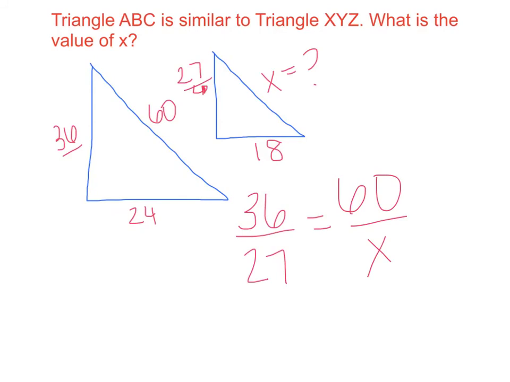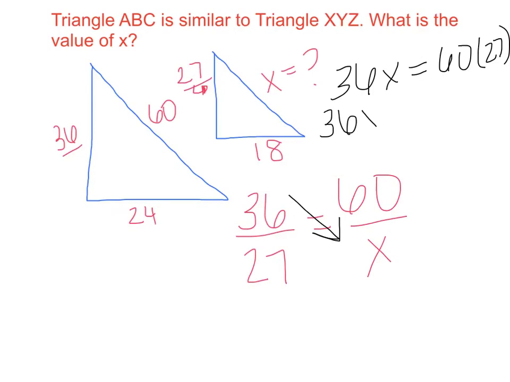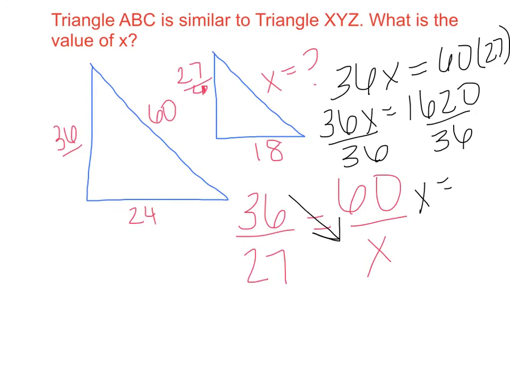Now we're going to cross multiply. 36x equals 60 times 27. So 60 times 27 is 1620. Divide by 36. And x is going to equal 45.